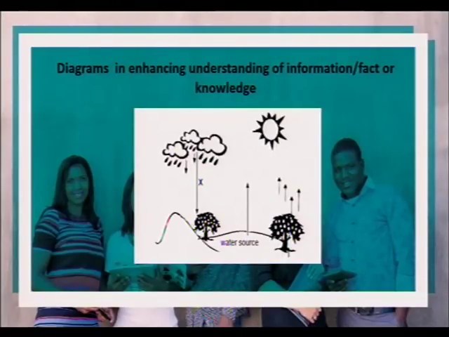Sometimes exam papers do not only contain questions that are phrased and where you need to be able to answer those questions, but sometimes diagrams can be used in an exam paper to draw out your understanding and knowledge on some of the questions. There are some diagrams in your guides that can be used in an exam paper to test your understanding or your knowledge of the information.